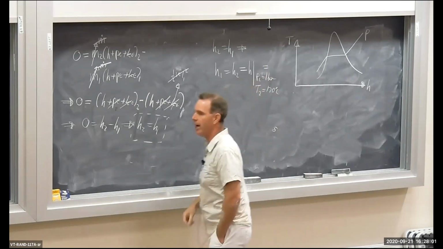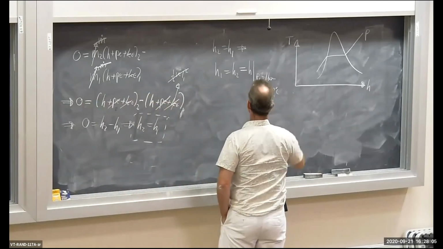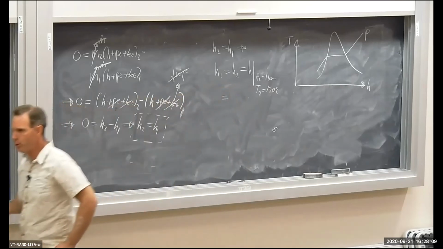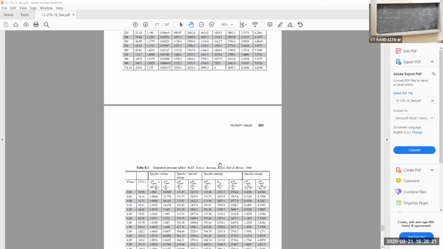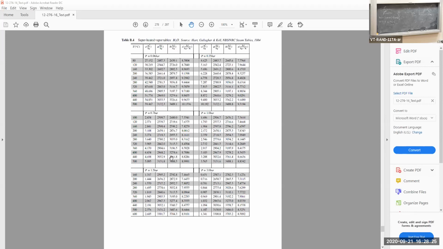Let's see if we can look that up. Oh, I'm running out of space. Let's do it over here. Let's go to the superheated vapor tables. Saturation tables, superheated vapor tables. 1 bar, 120 degrees.